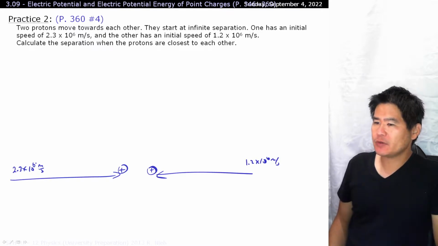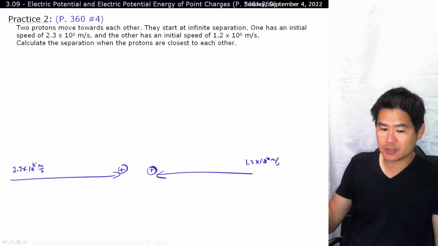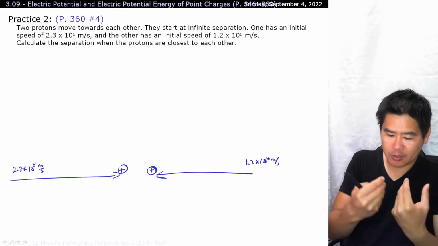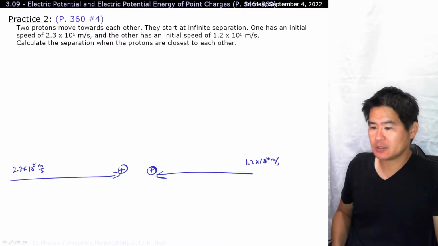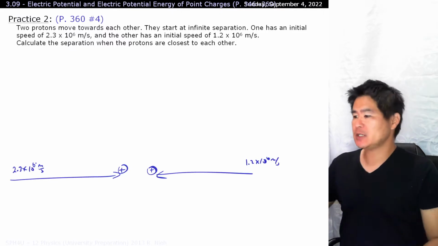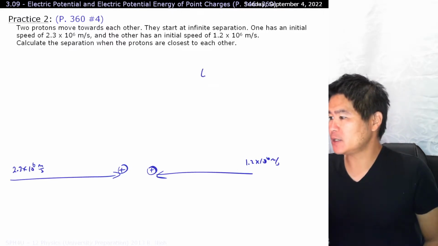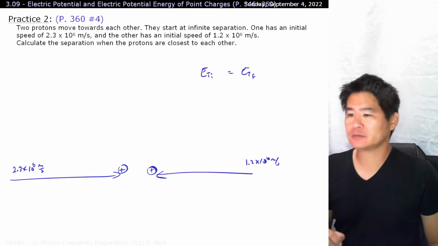So we're trying to figure out, how close will they get? Once they get to their closest point, they'll pause before they leave again. In other words, they initially have kinetic energy, and at this closest point the kinetic energy goes to 0, because you have nothing but stored potential energy at that moment. That's how you'd solve this problem. Even before I state the givens, we know the total energy at the beginning equals the total energy at the end.